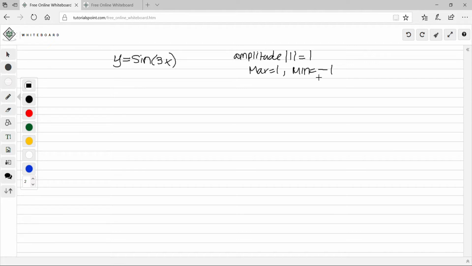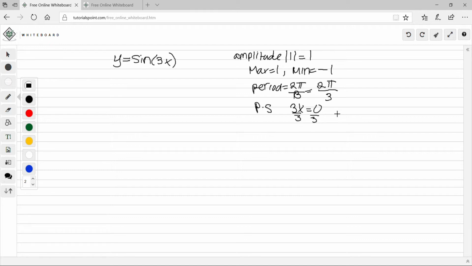Our period is 2 pi over b, so it's 2 pi over 3, because our b is 3. And then our phase shift is this thing, and then you have to set it to 0 and then solve for x. So it's 3x equals 0, divided by 3.